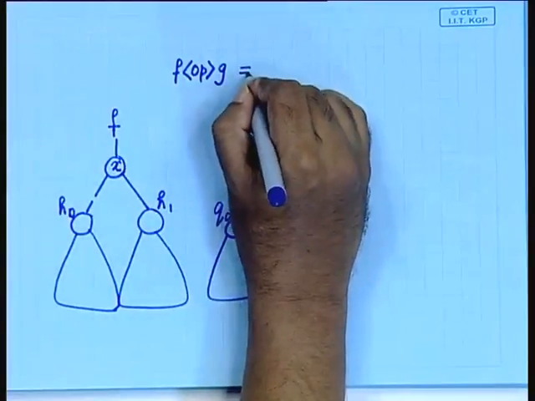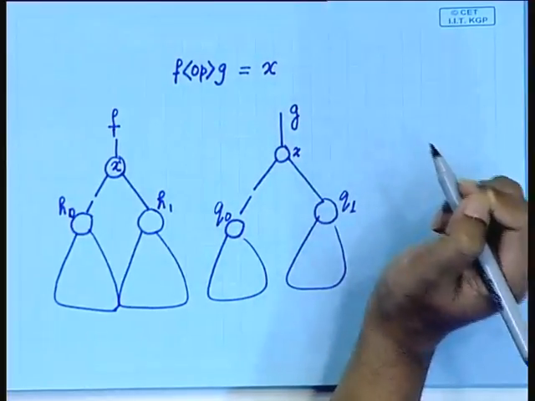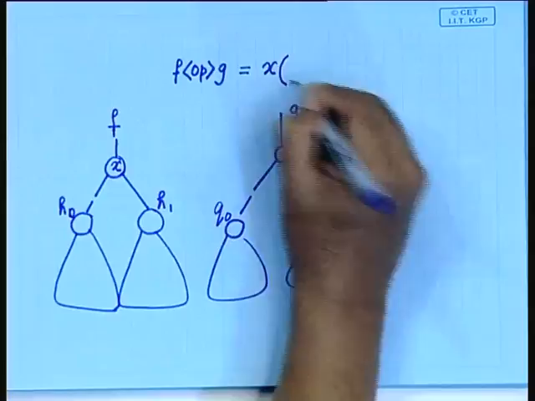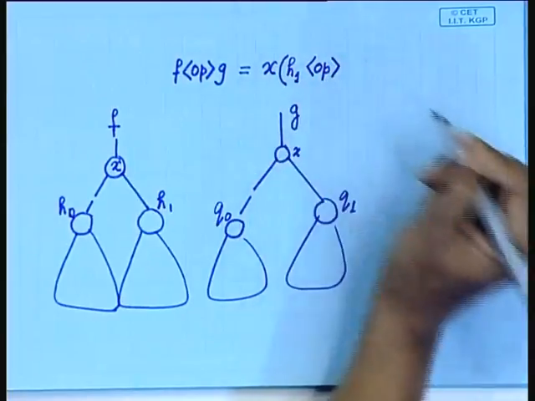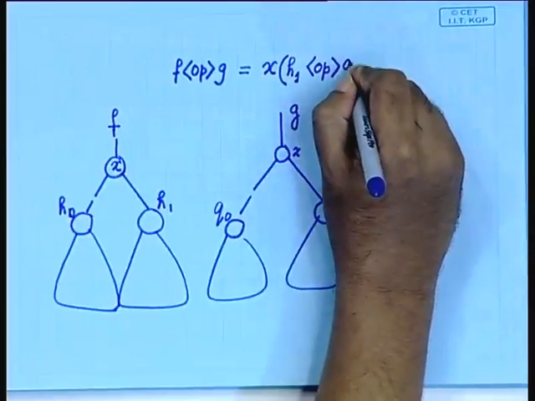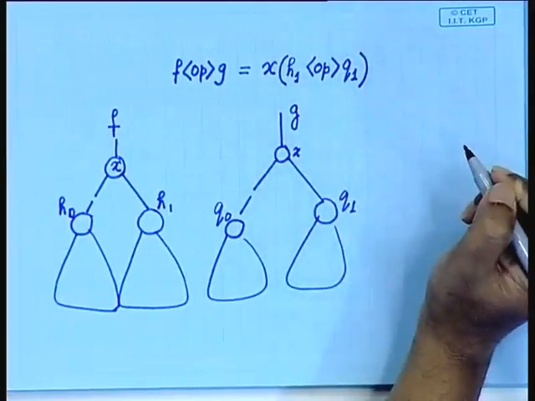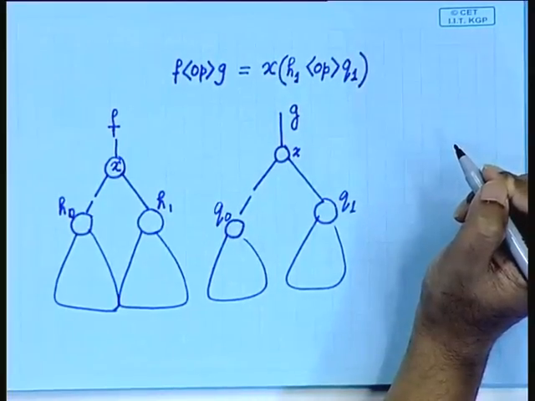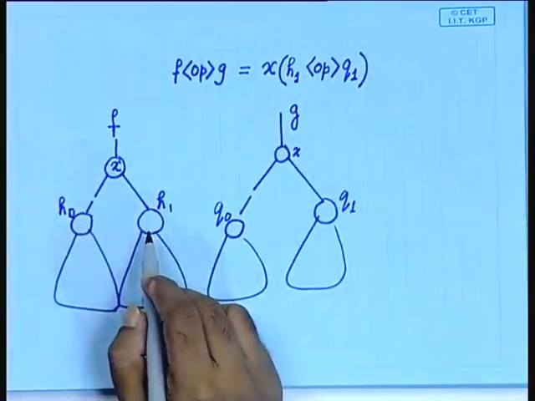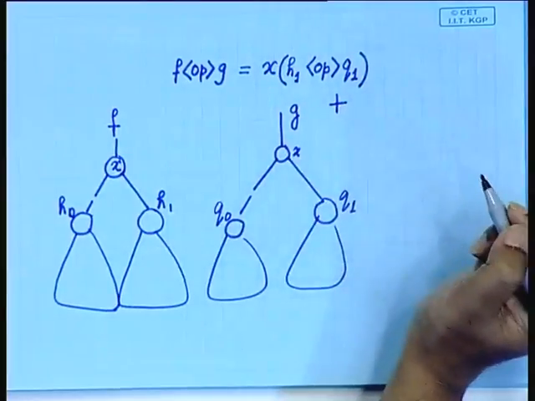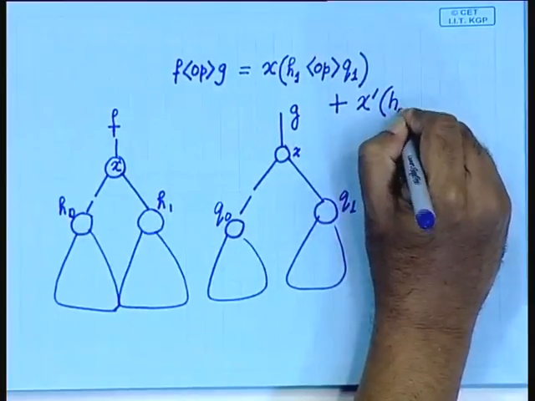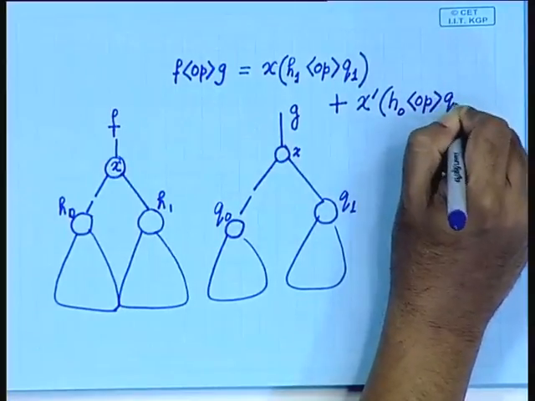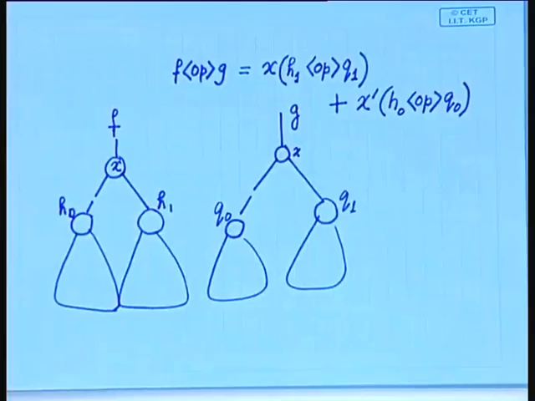Then I can write this as when x is 1, h1 op q1, or x bar and h0 op q0.